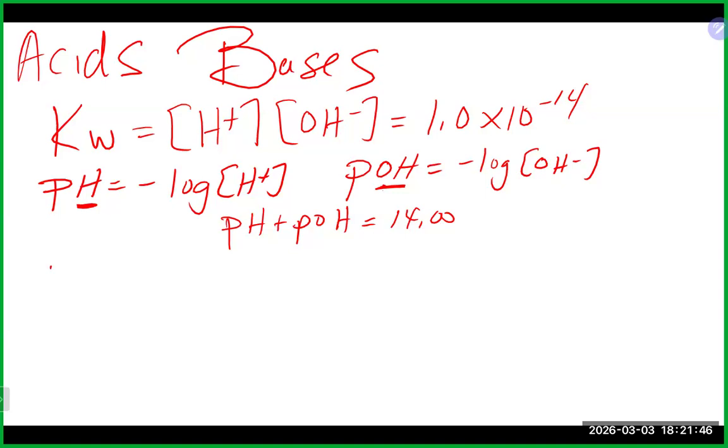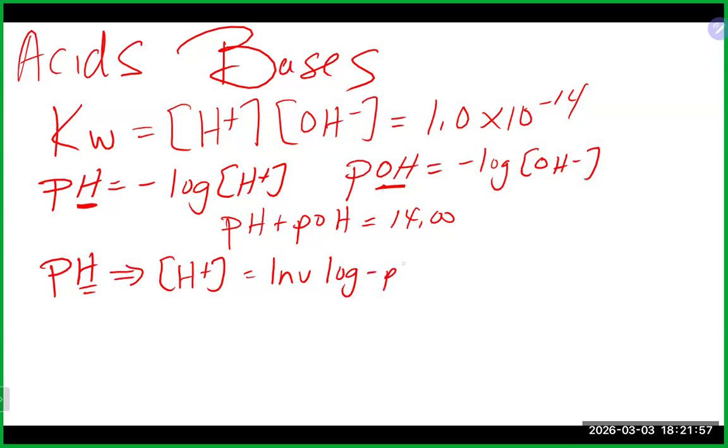We also talked about that if you do have the pH given to you, you could directly get the H plus concentration from that by taking the inverse log of the negative pH.